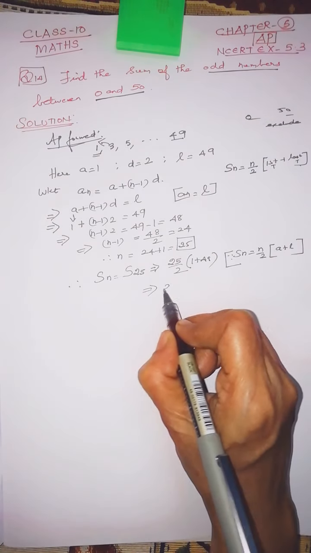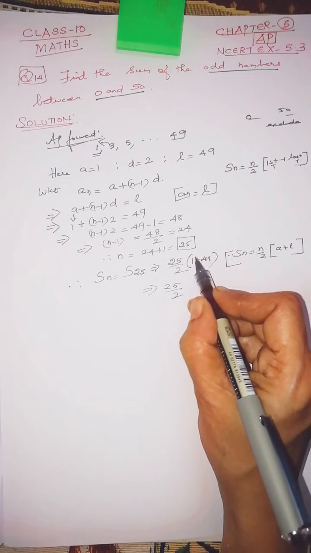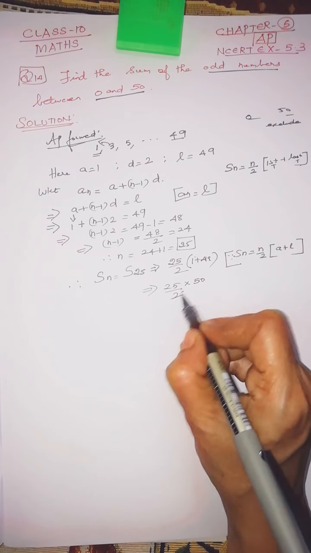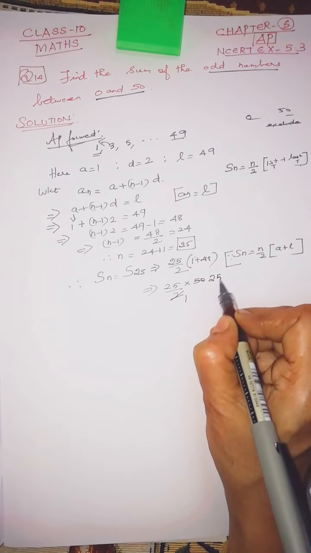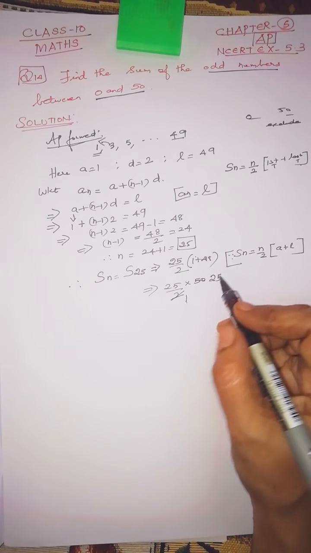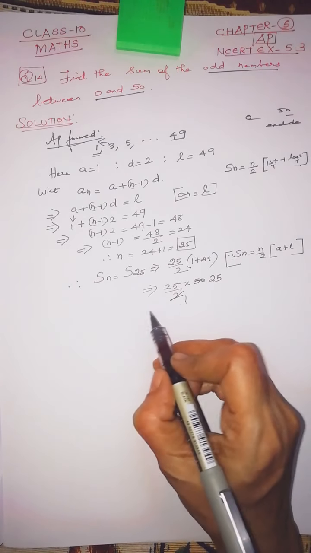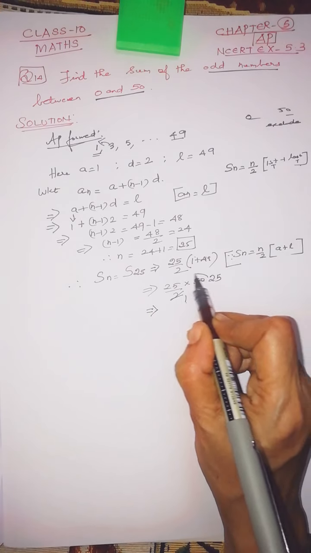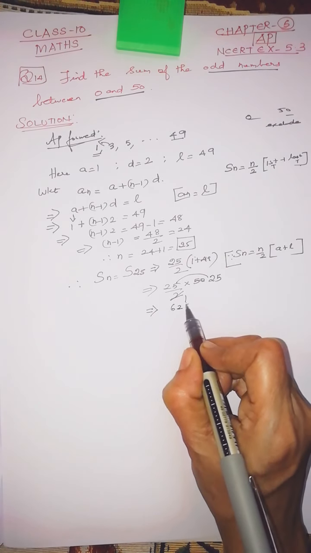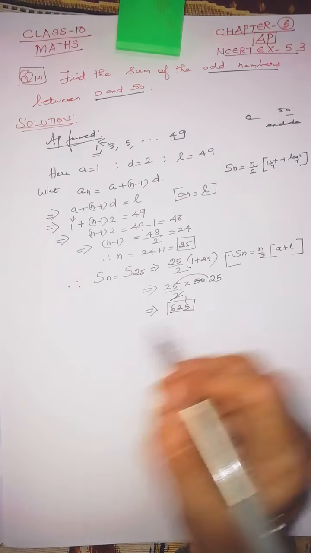So that gives you 25 by 2, 49 plus 1 is 50. So 2 ones are 2 and 25 twos are 50. Now we have to find out the product. 25 squared is, you all know, 625.